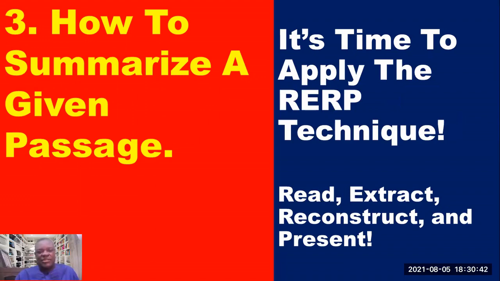And at this juncture, I want you to ensure you understand what REP stands for, R-E-P, which is read, extract, reconstruct, and present, a simple summary writing process, all right? Now let's begin to examine the steps and how we can apply the technique. Step R is read. You heard me right, read. That is the first step, all right?